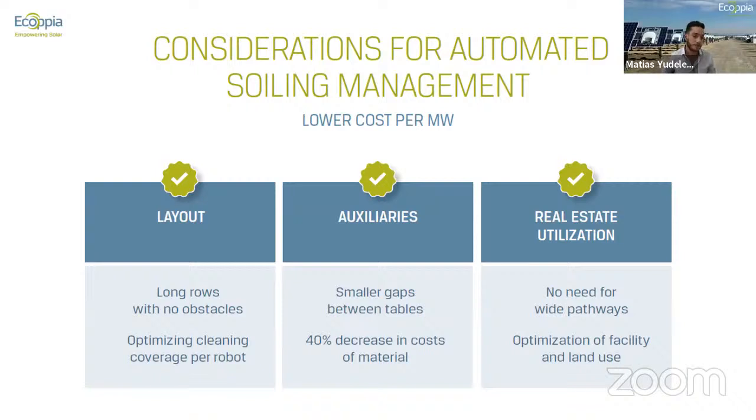First and foremost is the layouts. We want longer rows with no obstacles. Therefore, we optimize the cleaning coverage per row. For example, our latest solution, which is the A4, can clean up to 1 megawatt per robot. But this obviously needs to be done with the proper layout on the ground. Therefore, we need longer rows in order to maximize the performance of the robot.